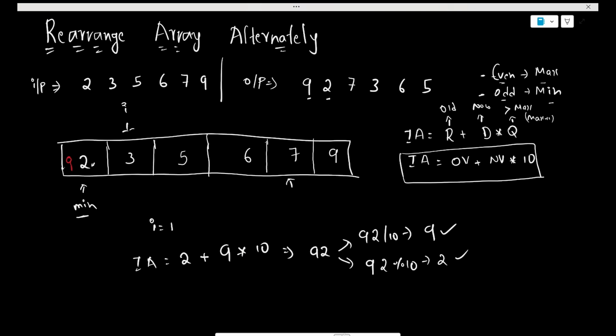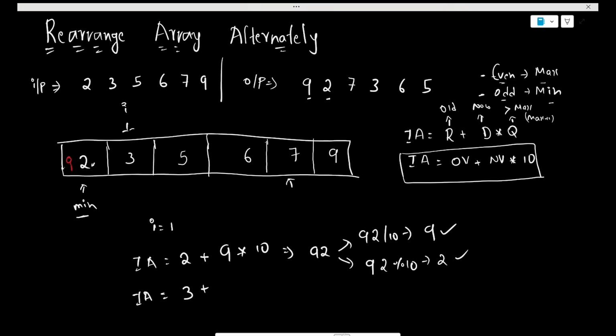Then the intermediate answer is equal to, first the old value: I is pointing to 3, so 3 plus the new value. Now here comes the case. Now min is pointing to a block which doesn't have the old value. It has the intermediate answer.